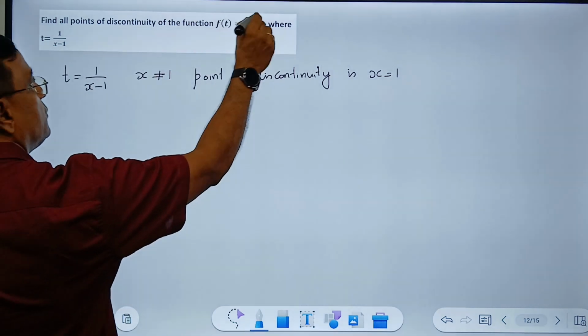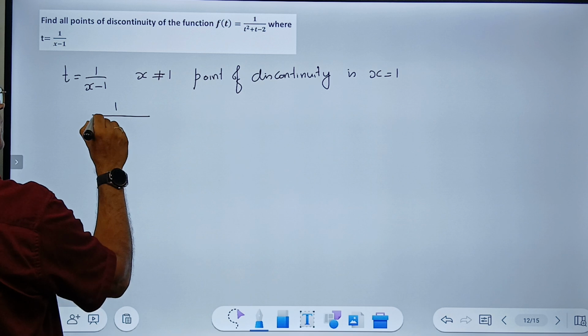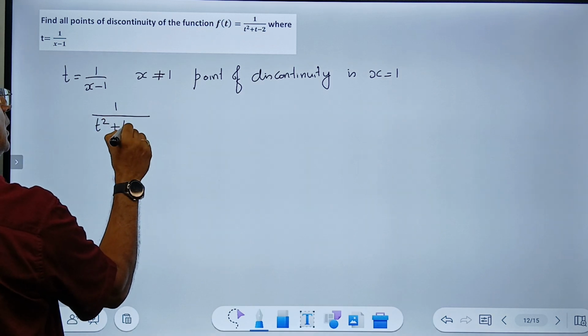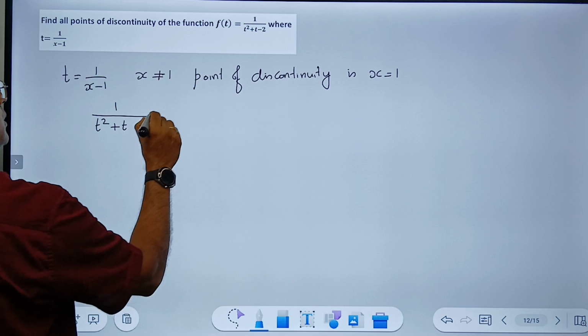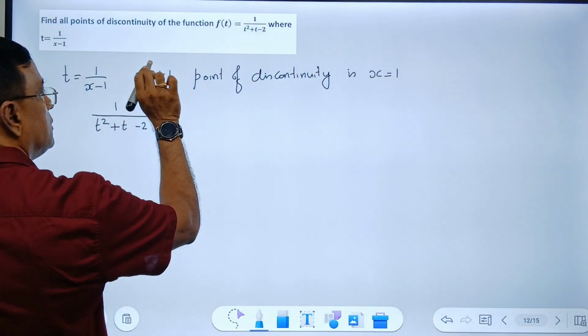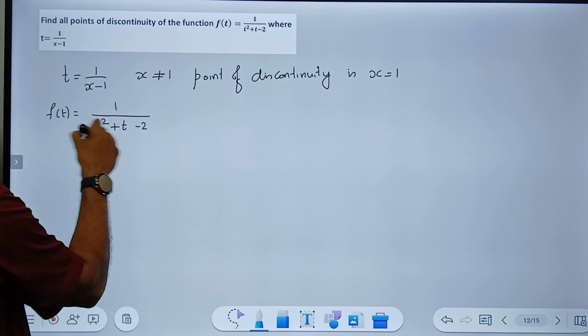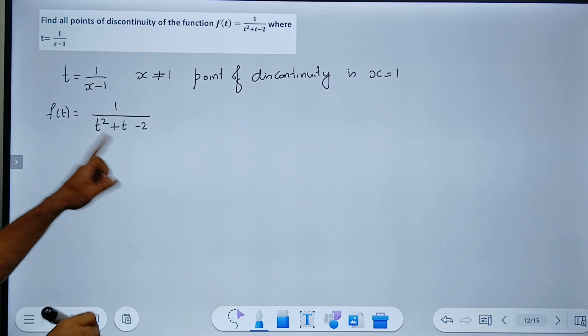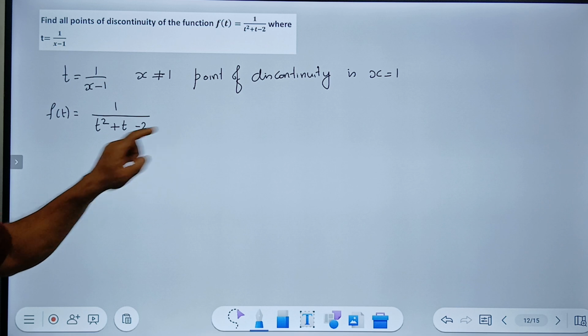Now you take it and substitute here. 1 by t square plus t minus 2, okay, and this is like f of t. This will be discontinuous if the denominator is 0. The function does not exist if the denominator is 0.